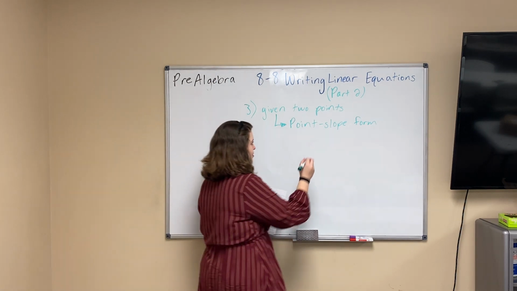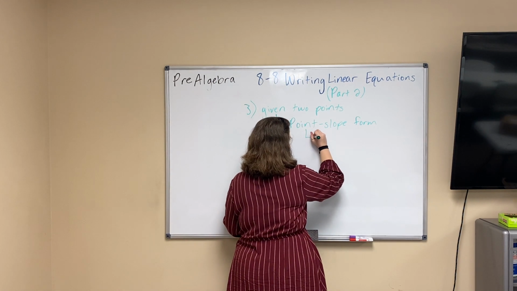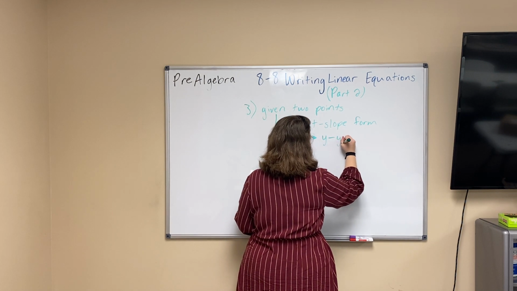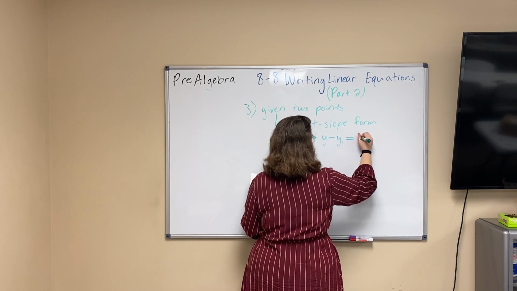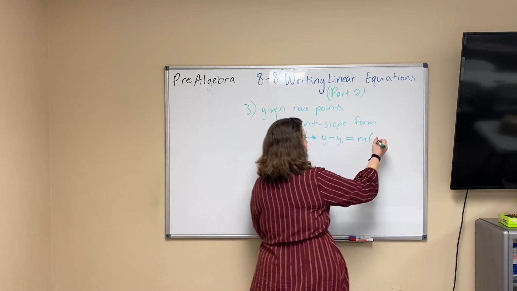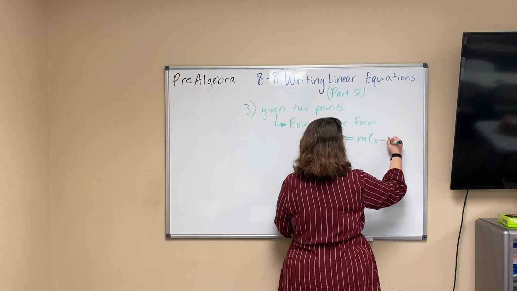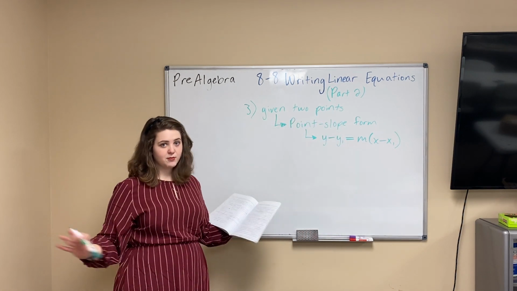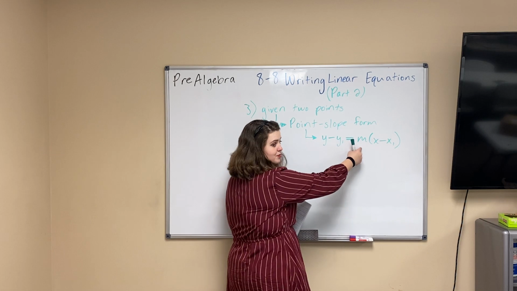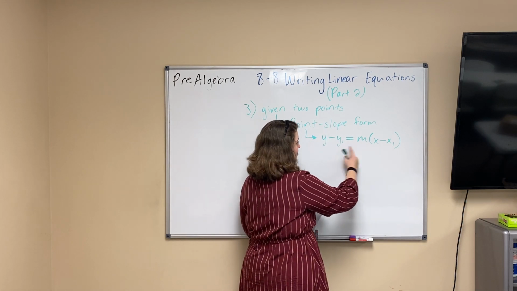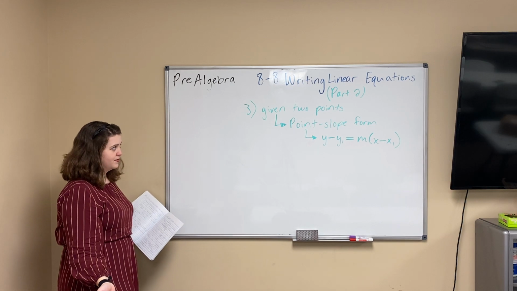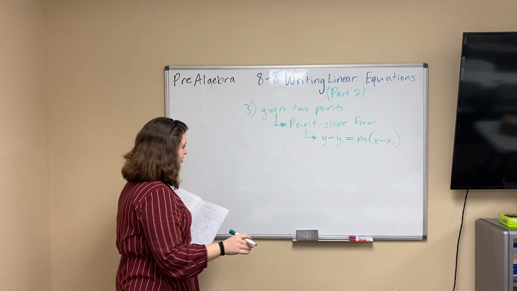What point-slope form looks like is this. Y minus y1 equals m times x minus x1. Just like before, m is still our slope, and y1 and x1 are going to be your points that you're given. All right, so let's practice one.